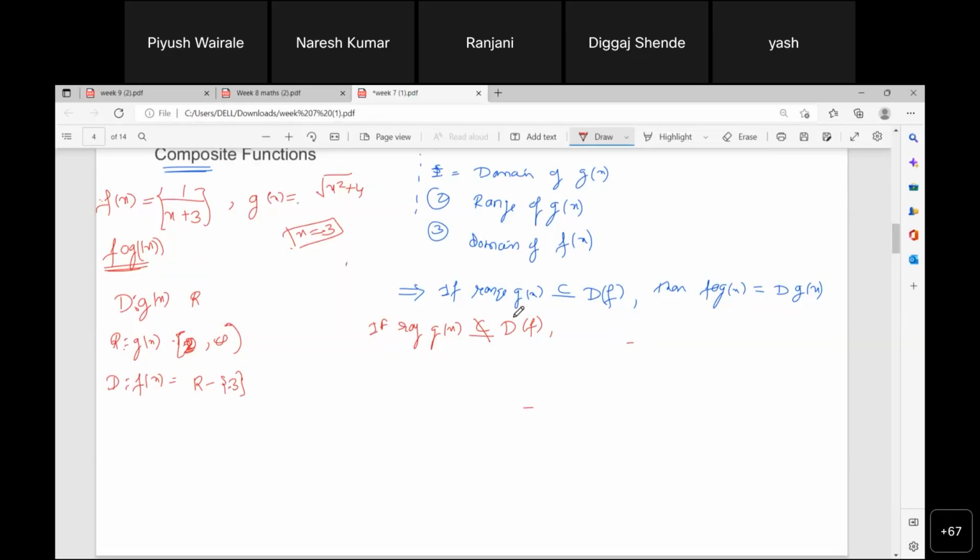The domain will only be there for those values of g of x which are also in the domain. So basically, we have to eliminate the domain of g for which the range of g will not be defined, where the function is not defined.